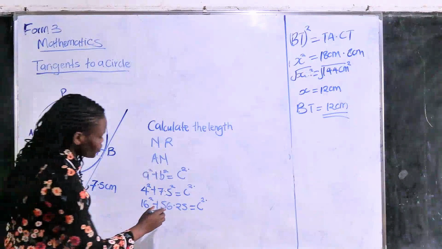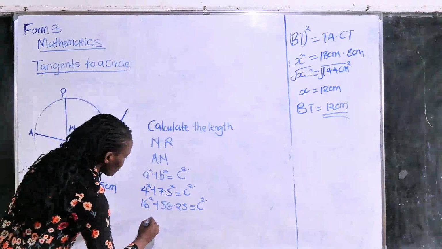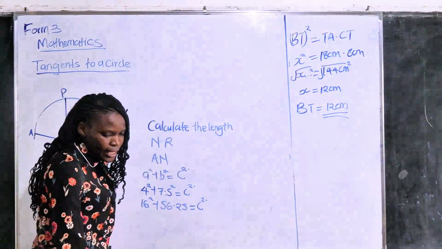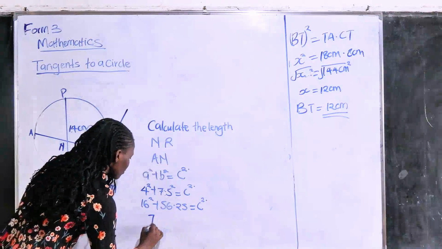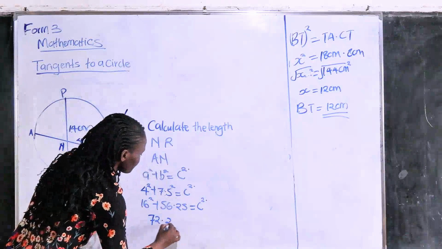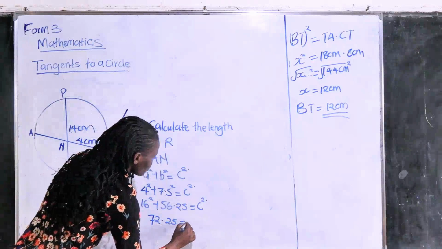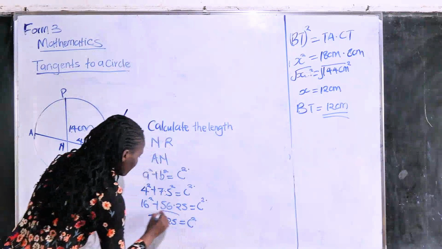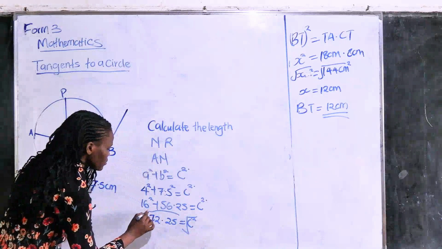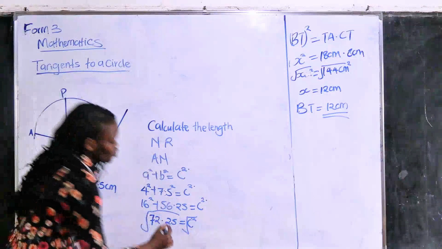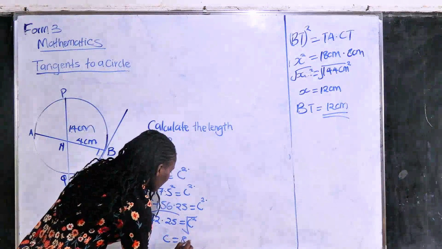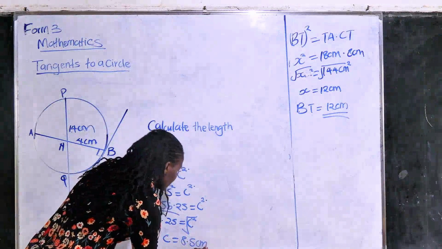When we add those two, we are going to have 72.25 is equal to C squared. We find the square root of both sides, and C is equal to 8.5 centimeter.